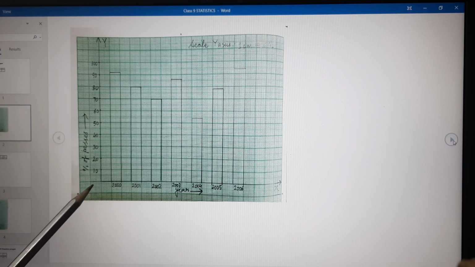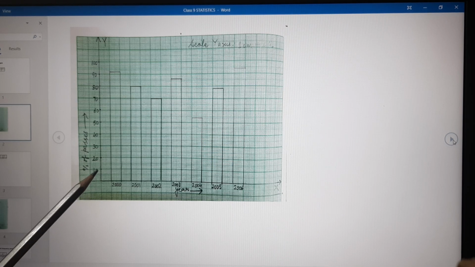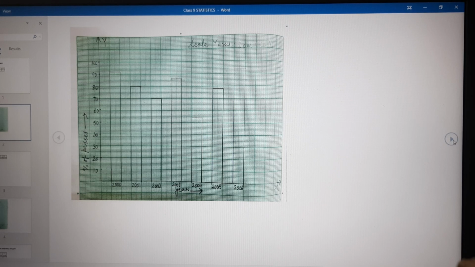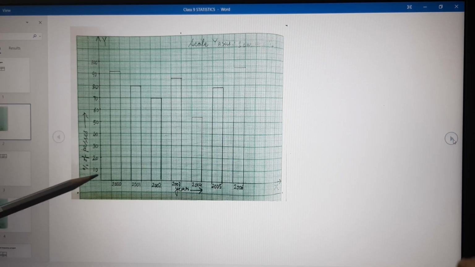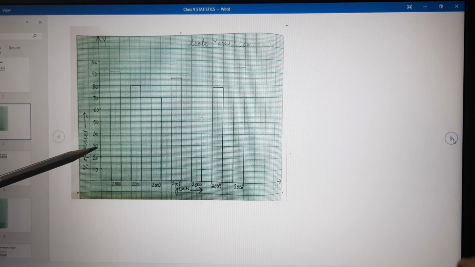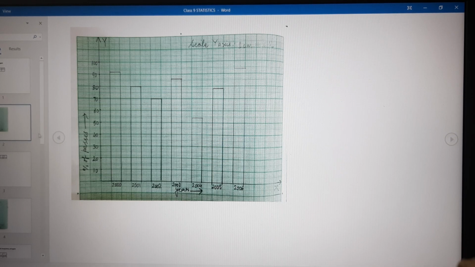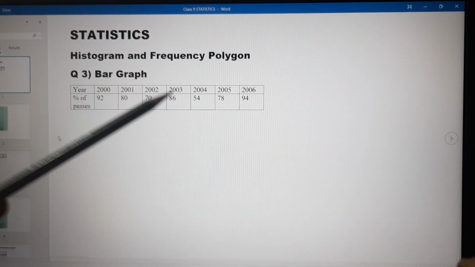Are you getting it? So we are starting from 0 and then I have marked 10, then 20, then 30, then 40. It means the gap should be uniform. You can take it this way also, 0 to 50, 100, 150, 200. Okay, it depends on which kind of values we have got in the question. If we go back to the question, they are 92, 80, 70, 86.